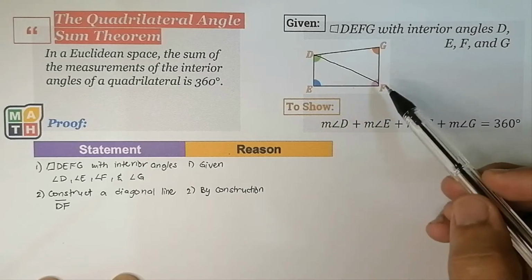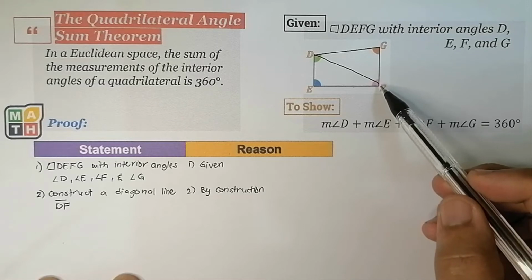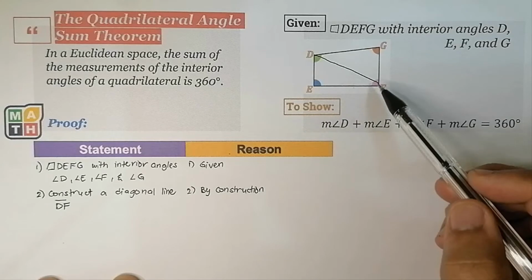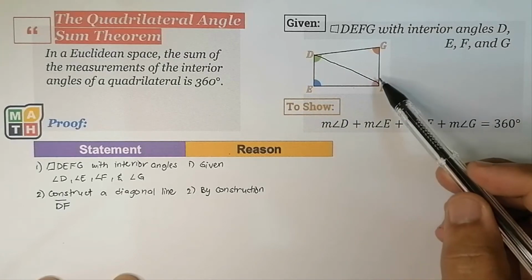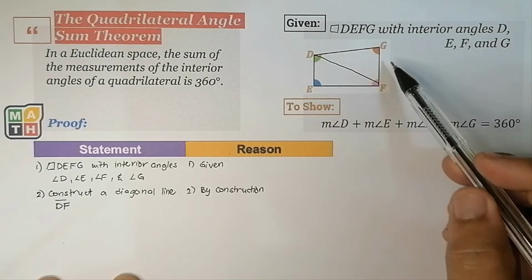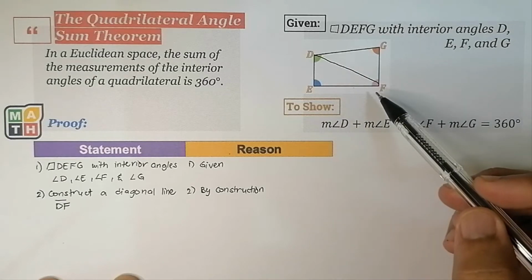This is also true to the pink colored angle on vertex F. So instead of just using angle F, it's now either angle EFD for this side or angle DFE, and for the other part, it's either angle DFG or angle GFD. These are consequences of this diagonal line.